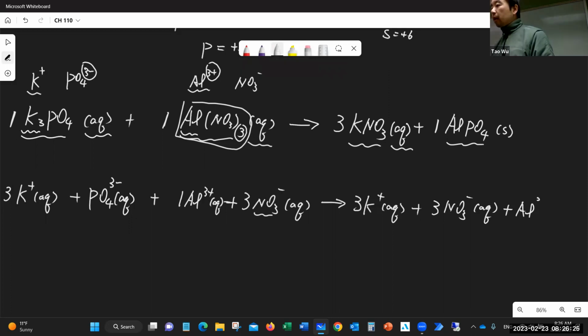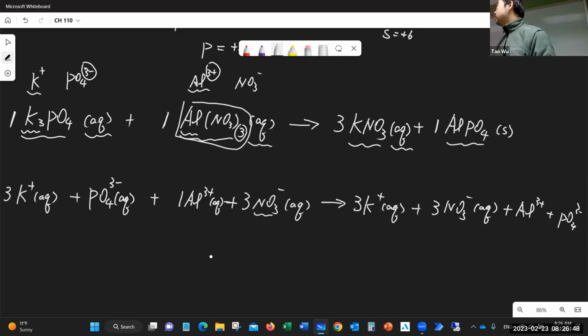You're going to have aluminum ions and the phosphate ions. If you write those as ions, what happens? Then you realize, wow, we have 3 potassium, 1 phosphate, 1 aluminum, 3 nitrate, 3 nitrate. Right? If you rewrite this as ions, then you're going to cancel everything.